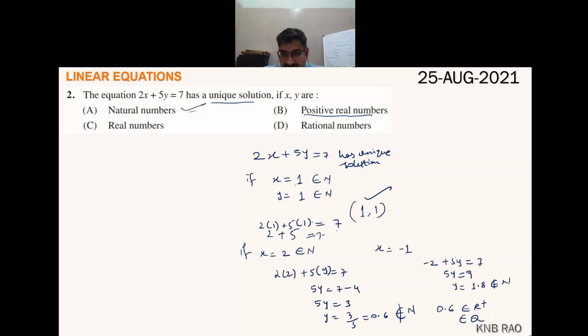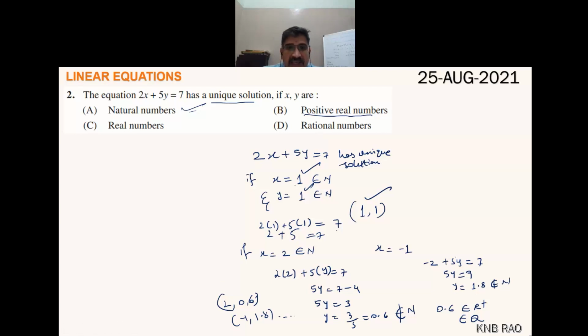It satisfies this equation only when x is 1 and y is 1, where both are natural numbers. If I take x and y as numbers other than 1 comma 1, I will start getting infinitely many solutions such as 2 comma 0.6, minus 1 comma 1.8, and so on, which you observe in the option B, C, D type of numbers.